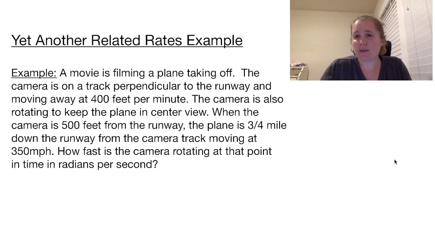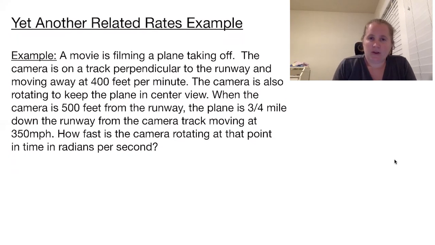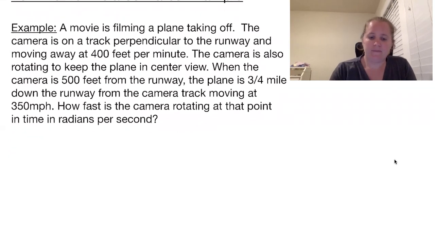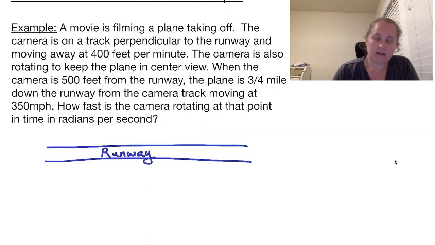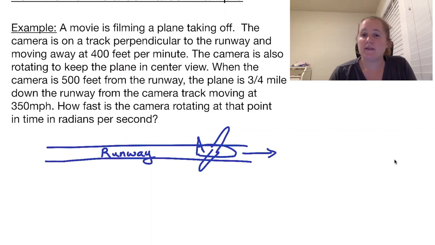So again, the first thing we want to do, if there's not already a diagram drawn for us, is to draw a diagram and figure out what's going on. So we have a runway. Here's our runway. And we have our plane going down the runway, heading in that direction.